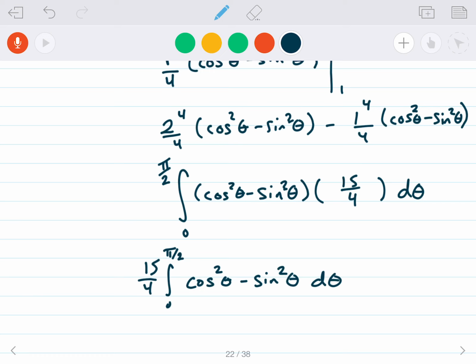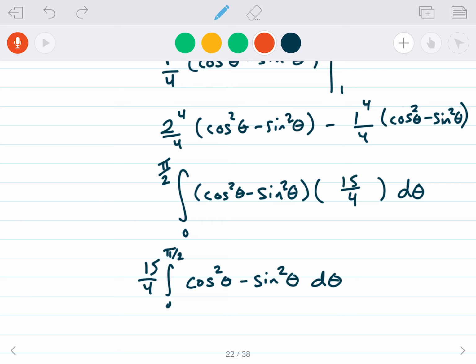At this point it might not be clear what to do, because u substitution isn't going to work, and I don't know about integration by parts either. You might be able to do something there, but the first thing to check in a situation like this is whether you can use any trig identities to replace and make things simpler. So what I'm imagining is the identity, let's see, what should I do?